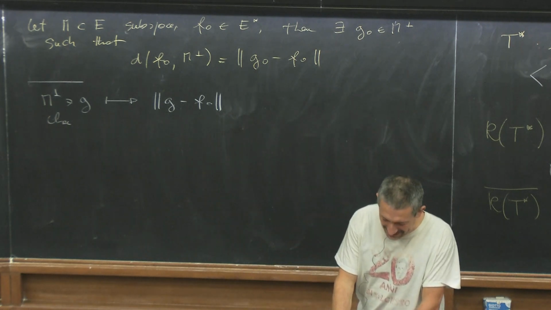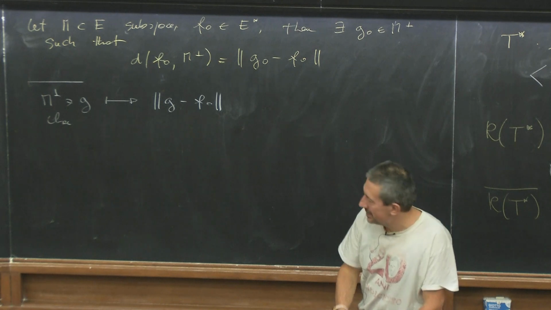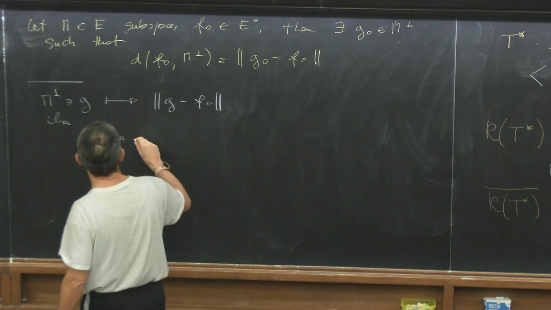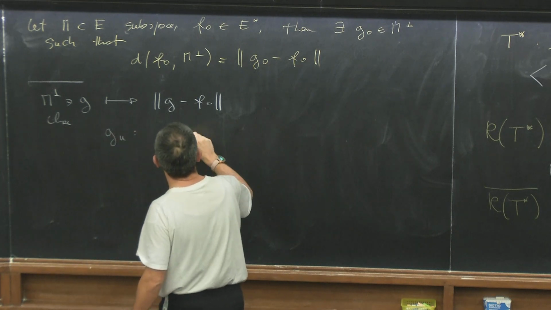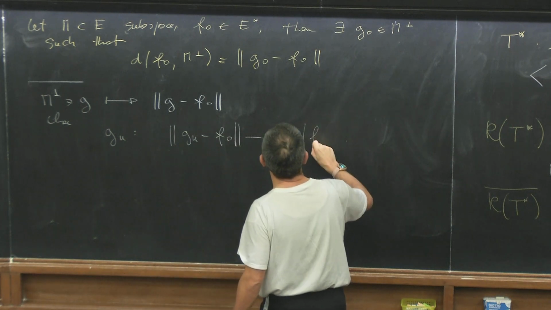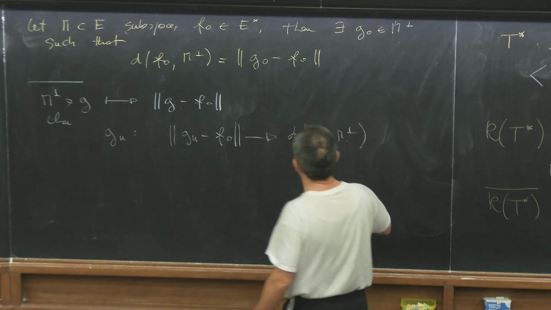First, let's take any minimizing sequence, Gn, such that the norm of Gn minus F0 converges to the distance of F0 to M orthogonal.